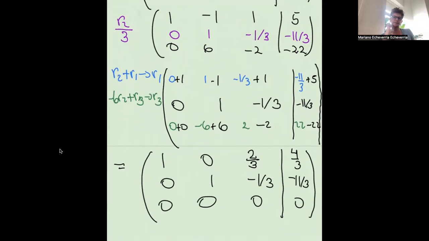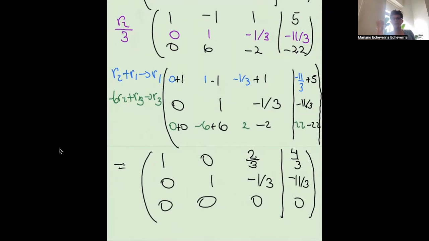Is that okay? Professor, so I see 1/3 times R2 right there. Can I also simplify the R3 at the same time? Right, yeah. You could have done, say, R3/6 or something like that, you mean?